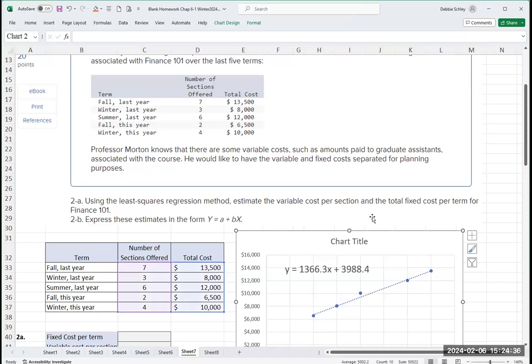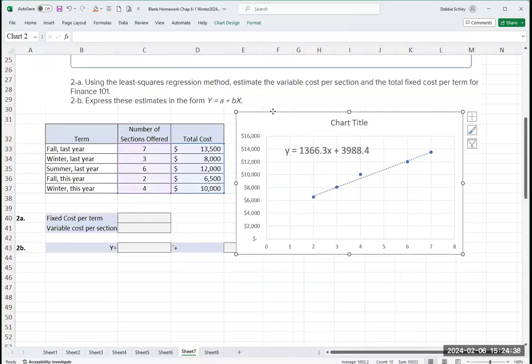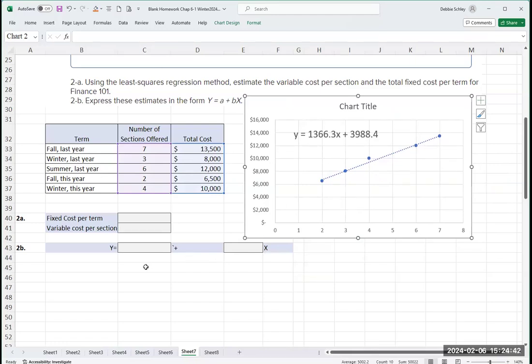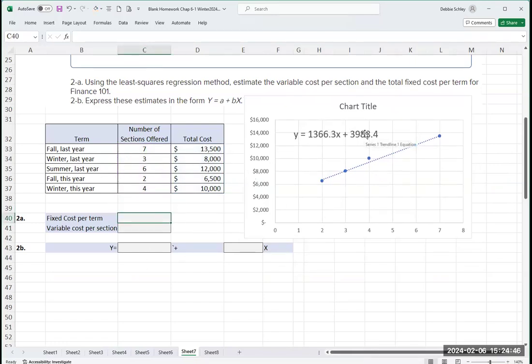Okay, so now that I have done that, the fixed cost per term, remember, that's the one that doesn't have the X. So mine's 3988. And then the one with the X is your variable cost per section. So 1366.